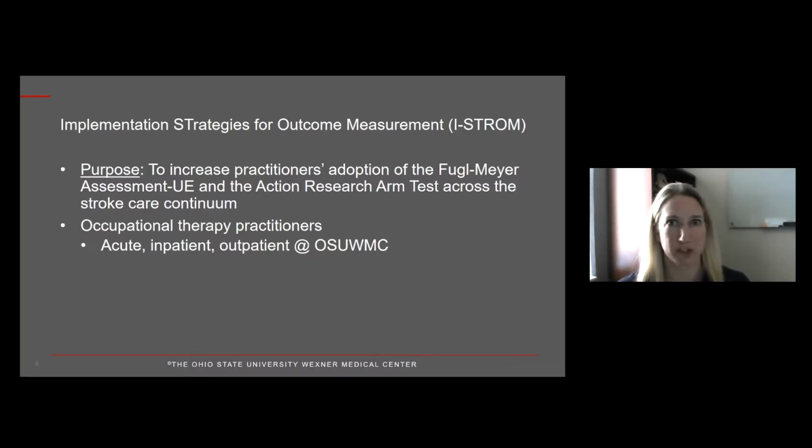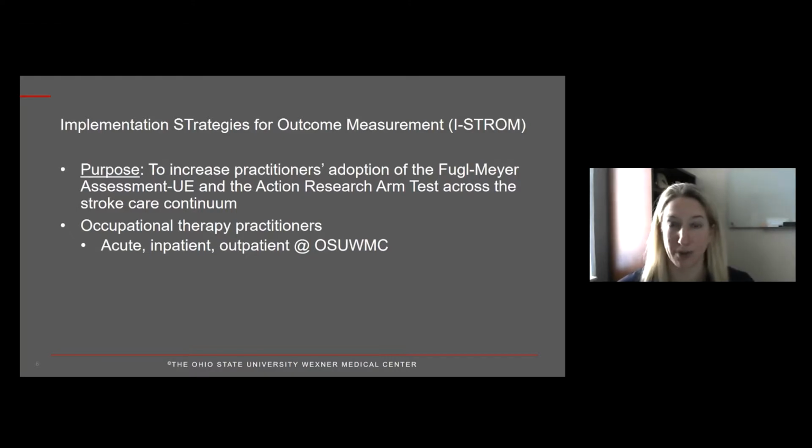We developed this project with the goal of increasing OT practitioners' adoption of the Fugl-Meyer assessment and the Action Research Arm Test, or you might hear me refer to it as the ARAT over the course of the next few minutes here together. And we wanted to administer these two assessments across the stroke continuum, meaning that we wanted to improve practitioners' use of these assessments in acute care, in inpatient rehab, as well as outpatient, so across the continuum at Ohio State's Medical Center.